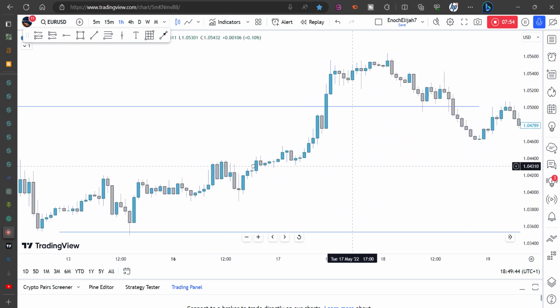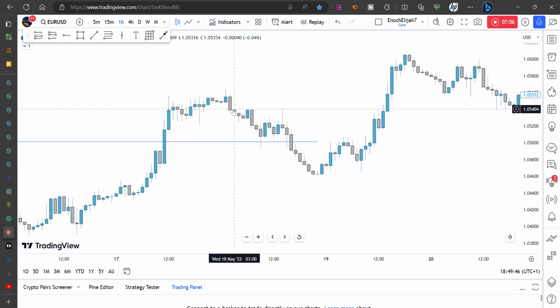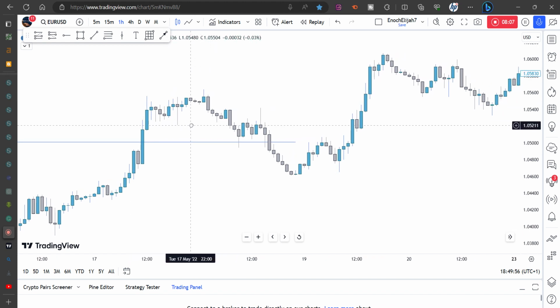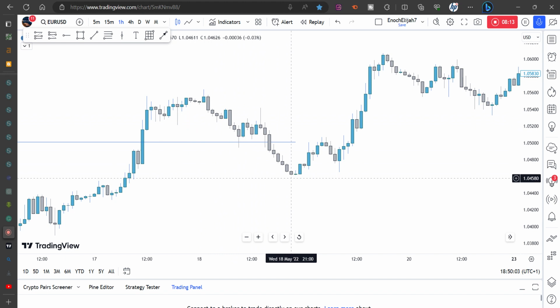So now you can see the level I marked on the daily time frame to mark the premium level. On this day, there's a slight shift right here, which I can actually sell from.